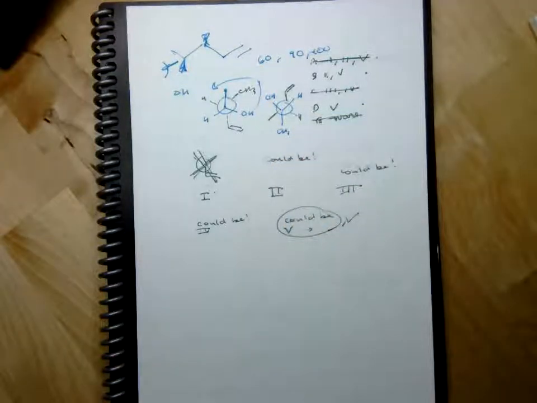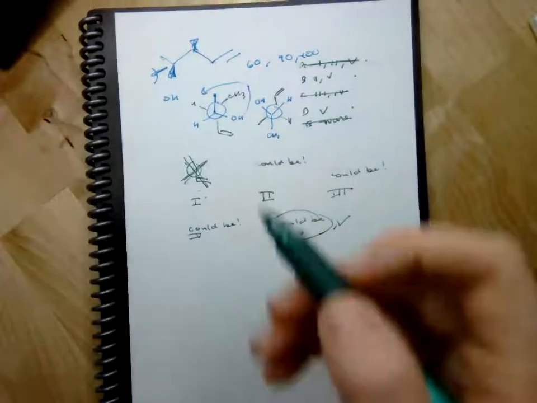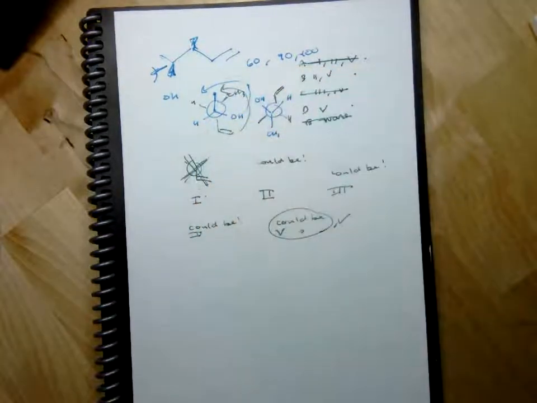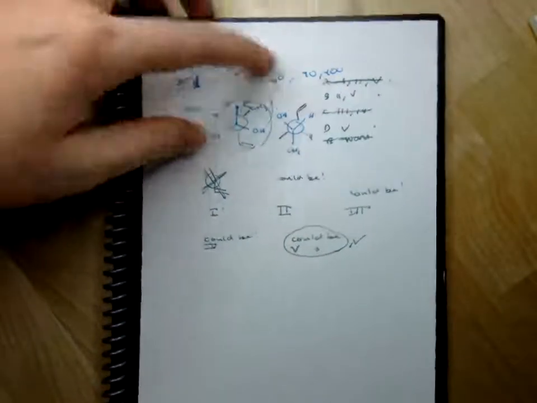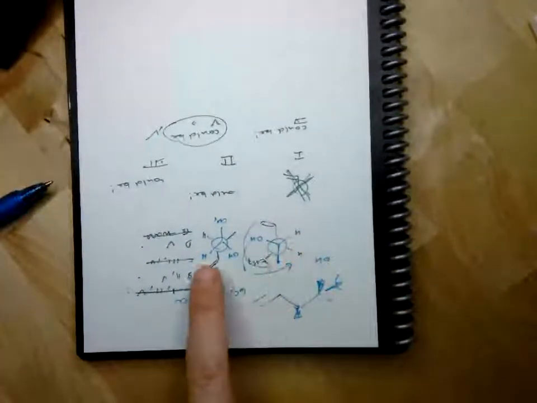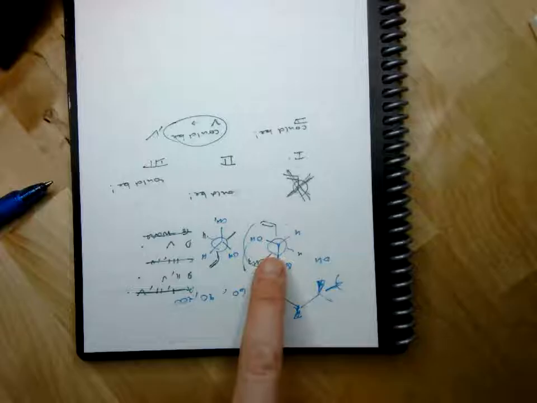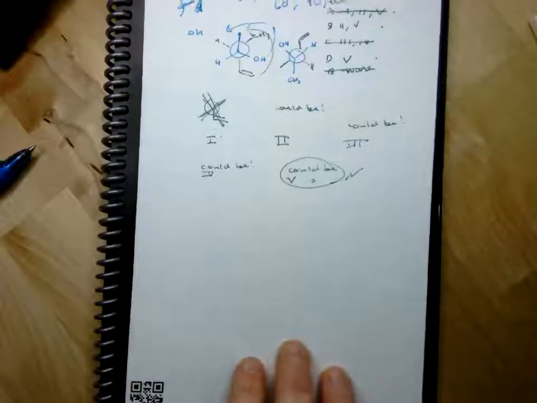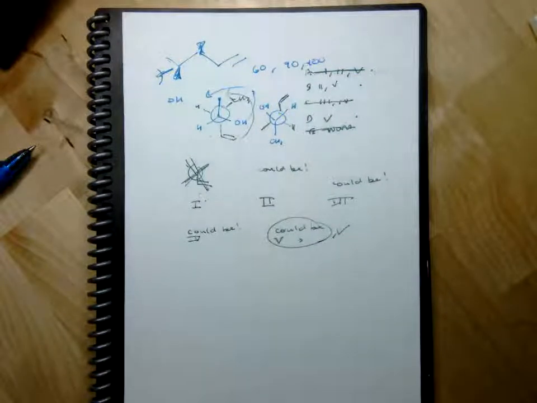So basically what they did is they took this whole molecule and rotated it 180 degrees. If you flipped this upside down, this is exactly what answer choice 2 looks like. So it's the same molecule, and it's actually even the same conformation. They just rotated the whole molecule.